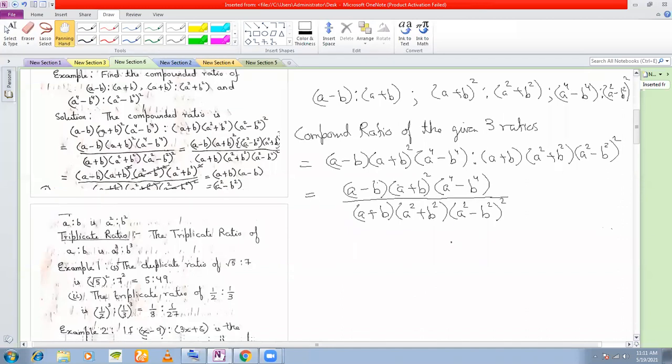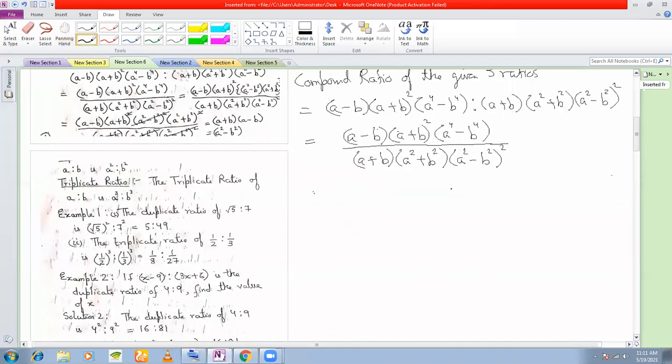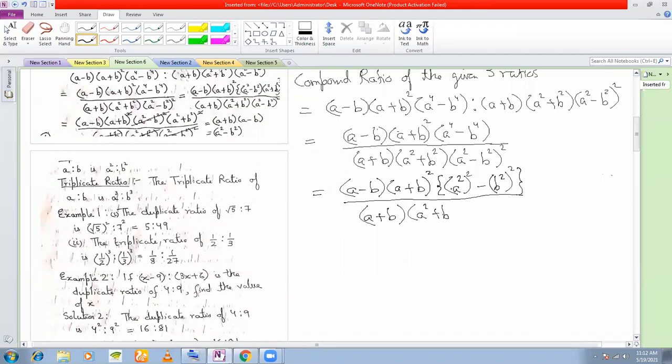Now you factorize into the simple factors. So you have A minus B, A plus B whole square, and A to the power of 4 minus B to the power of 4 you can write as difference of two squares: A square plus B square into A square minus B square.